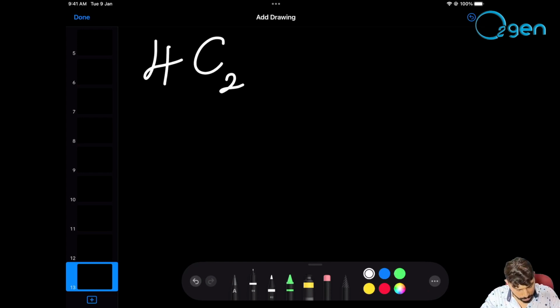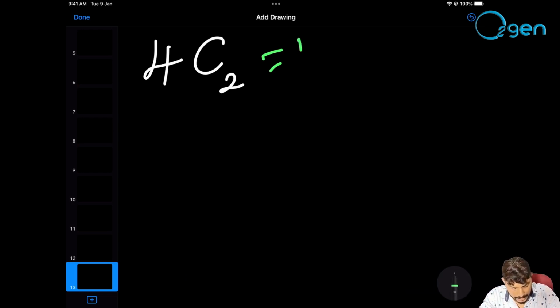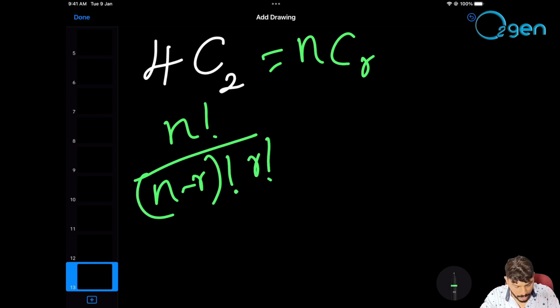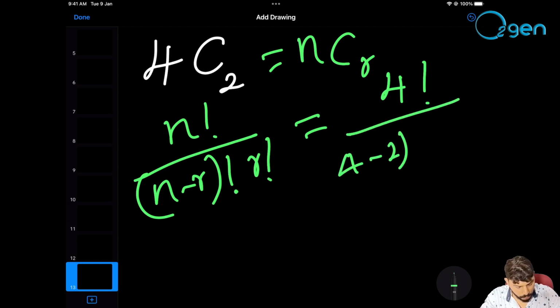The formula for nCr is n factorial divided by (n minus r) factorial into r factorial. If we substitute the values, it is 4 factorial over (4 minus 2) factorial into 2 factorial.